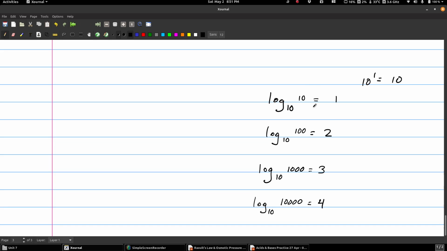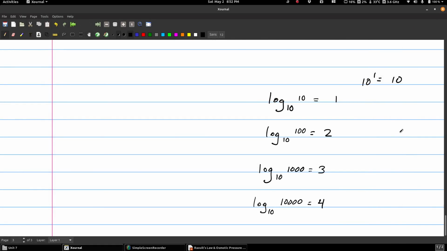So the higher up you go, that means that this one is 10 times less concentrated than this, which is 10 times less concentrated than if it was at 0. So the lower the pH, the stronger the acid is, because it's got more hydronium in it. So the whole purpose of this scale is to show you that every time you go up a number, you're decreasing the concentration by 10-fold or 10 times. So when you go down, you're increasing it by 10 times.